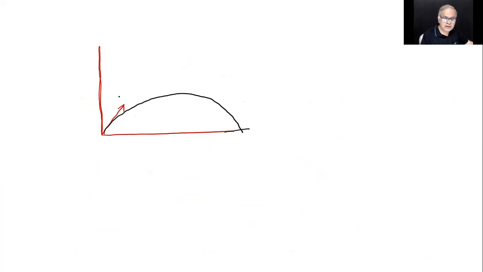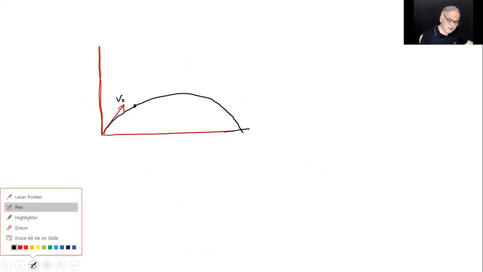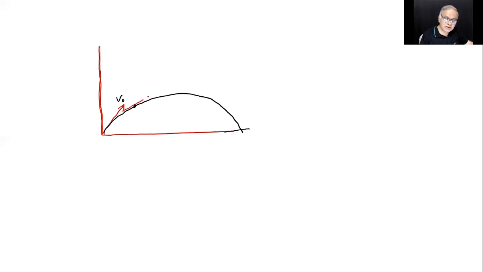So V0, at this point, what was the direction of velocity? Along the tangent. By the time it went there, it covered one distance in y direction, the other distance in x. This was already told to be theta. Here you say position of the particle.